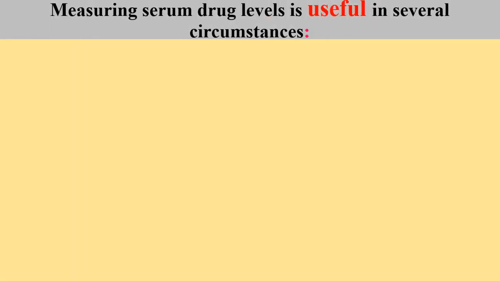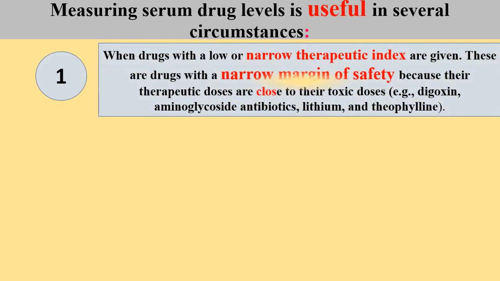Now, why do we measure the serum level of a drug? This is very important in several circumstances. First, when a drug has a low or narrow margin of safety, where the margin between danger and safety is very narrow, like digoxin, the drug for the heart, or lithium.